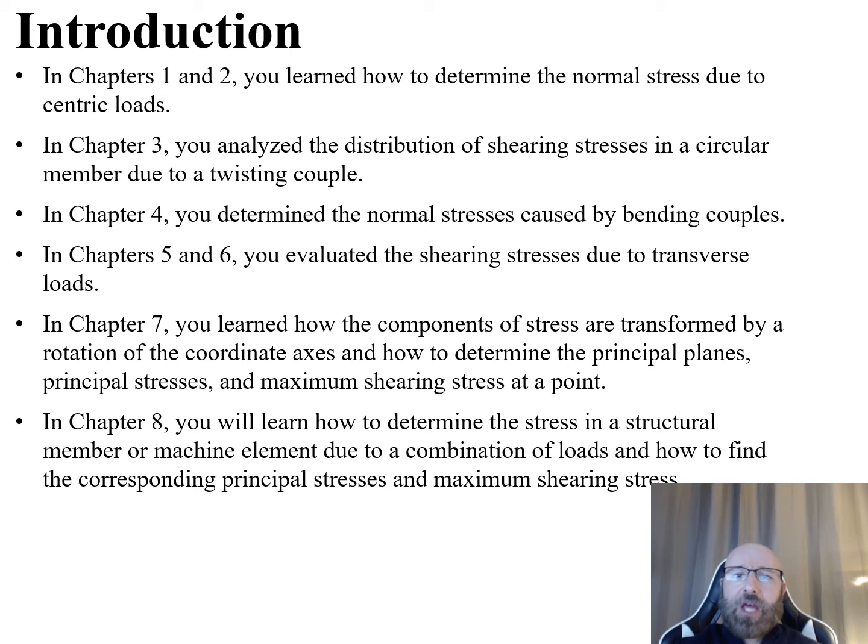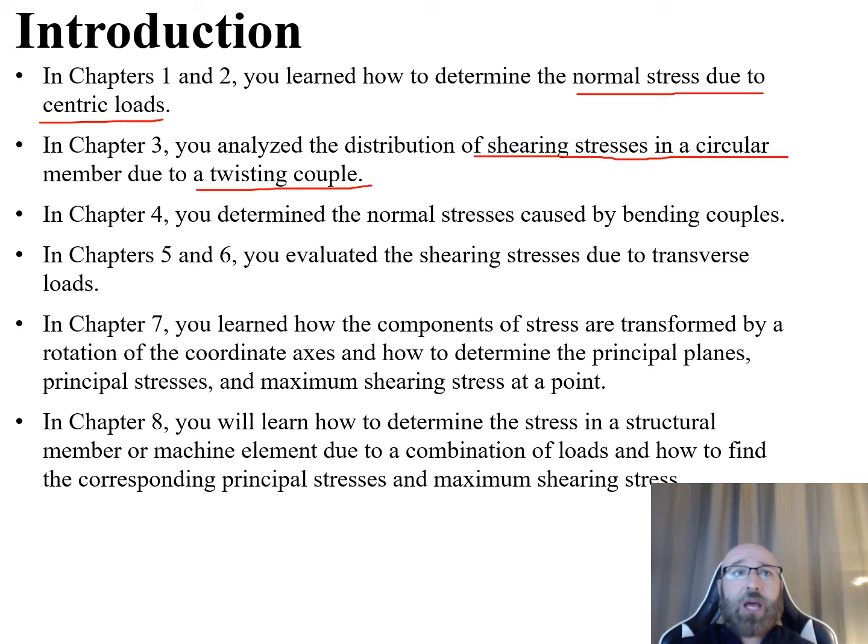So now as we get into Chapter 8, I want to look back at the topics we've covered leading up to this chapter in our textbook. In Chapters 1 and 2, we learned how to determine our normal stress due to centric loads, a simplified case. Then in Chapter 3, we analyzed the distributions of shearing stresses in a circular member due to a twisting couple.